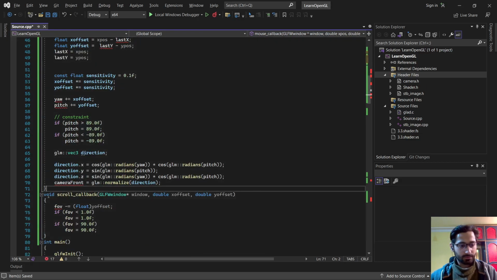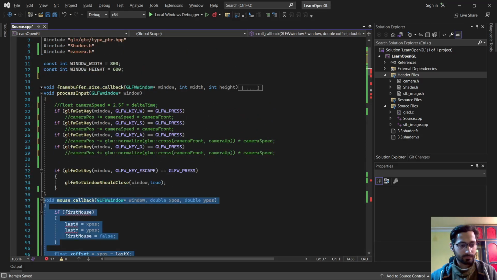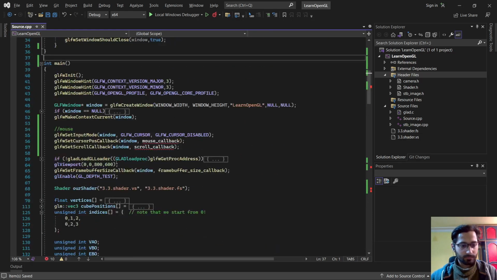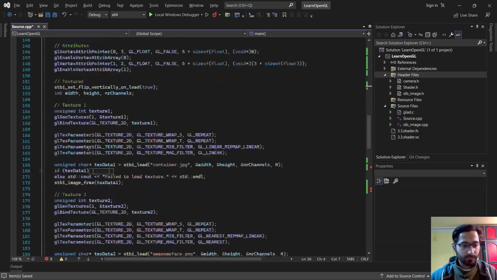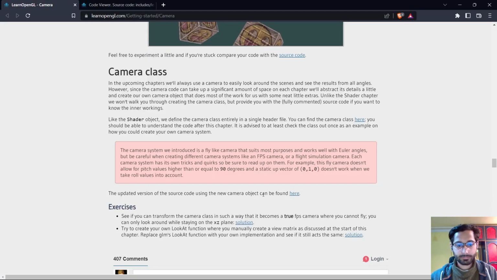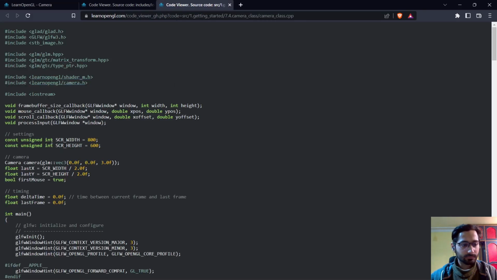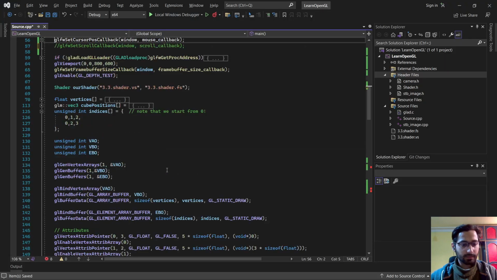Don't need this or the scroll callback. Okay, this will also be different. We're just gonna get the delta time. Okay, so we still have delta time.